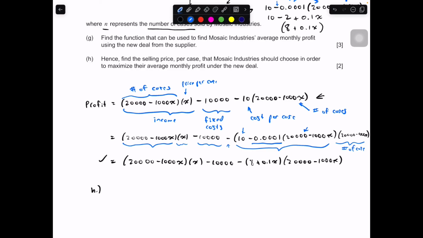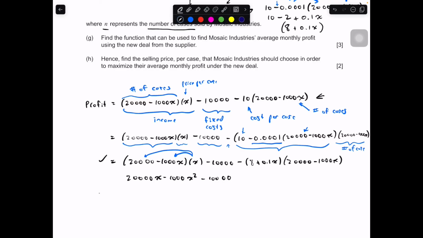Again, we'd want to expand. I'm just going to work this out as quick as I can. 20,000x minus 1,000x squared. This is still minus 10,000.